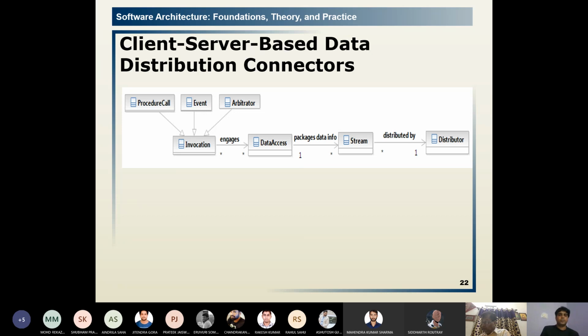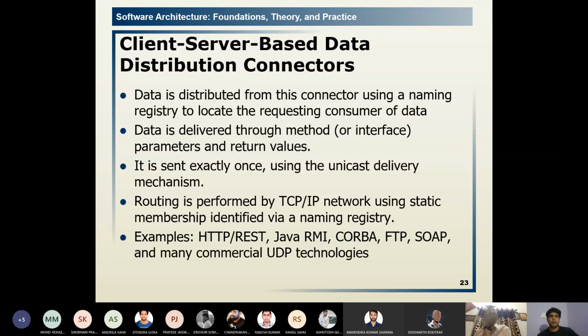The invocation is from the procedure call using the event call and the arbitrator. It engages the data access method with the packet data information, then it will stream and it is again distributed by the distributor. Some stepwise or layered connectors show how they are connecting to the components. Then the next.